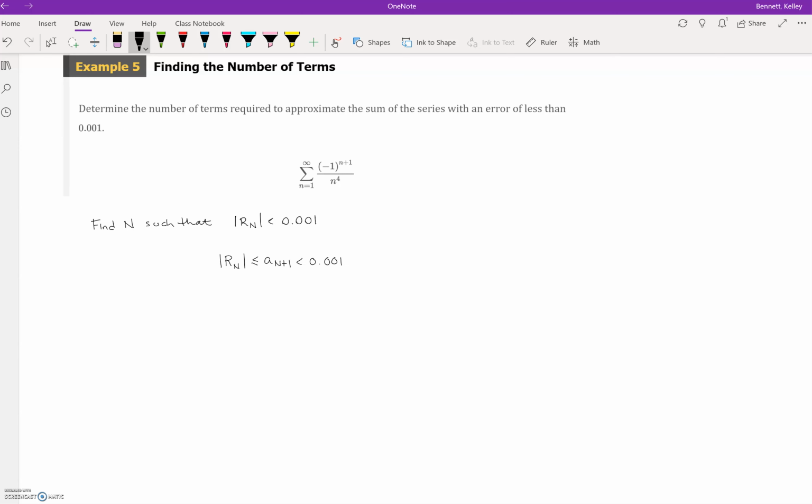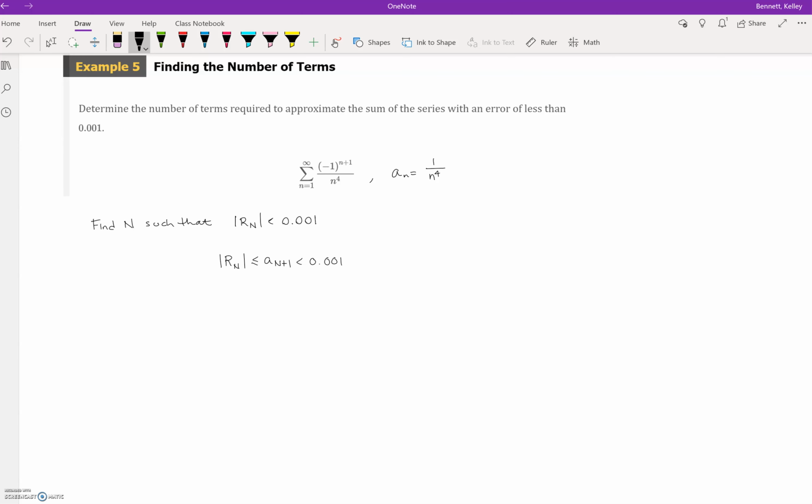So here I'm just going to use a sub n plus 1, and solve the right-hand side of the inequality, and that will give me the appropriate n. Looking at our original series, we can tell that a sub n is equal to 1 over n to the 4th.